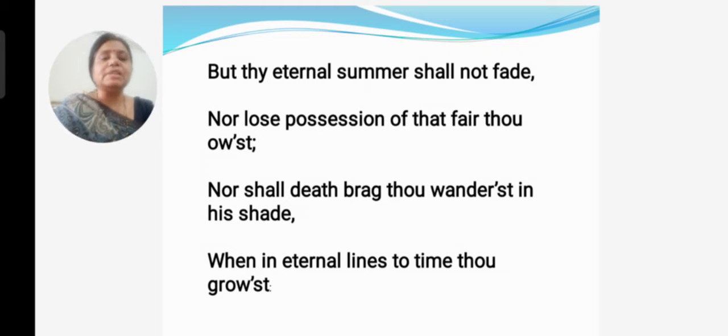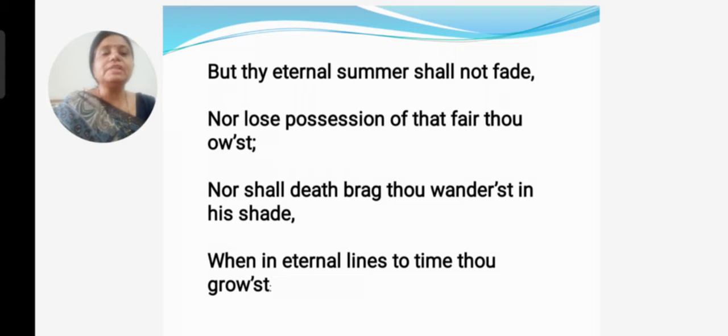But he says neither time will be able to cause any harm to your beauty, nor death will boast that you come under my shade and I will destroy you. You are above the destructive power of time, and you also surpass the destructive power of death.